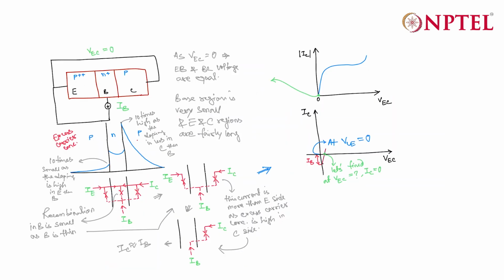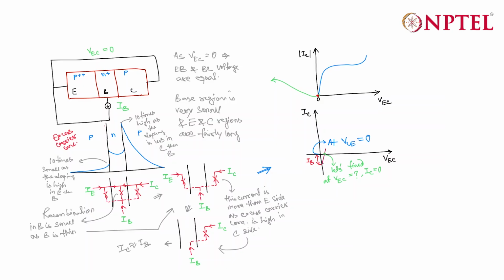Now let us start with the VEC equal to 0 condition, that is from here. Let us see what is the physics or what is the phenomenon going on when VEC is equal to 0.